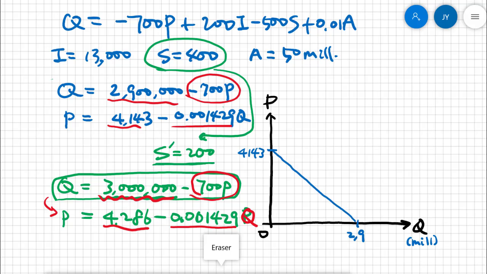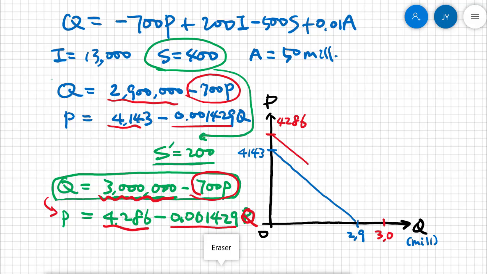Now you are going to draw a different demand function to reflect the vertical intercept, for example, changed to 4,286, and the horizontal intercept also changes to 3 million.